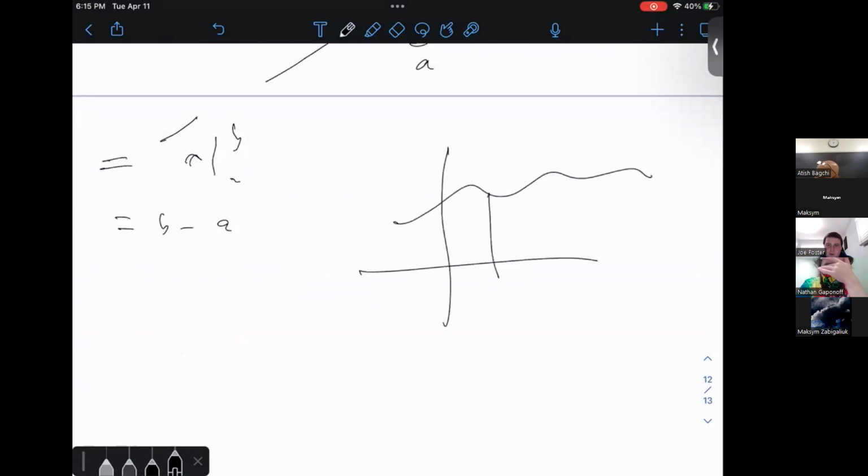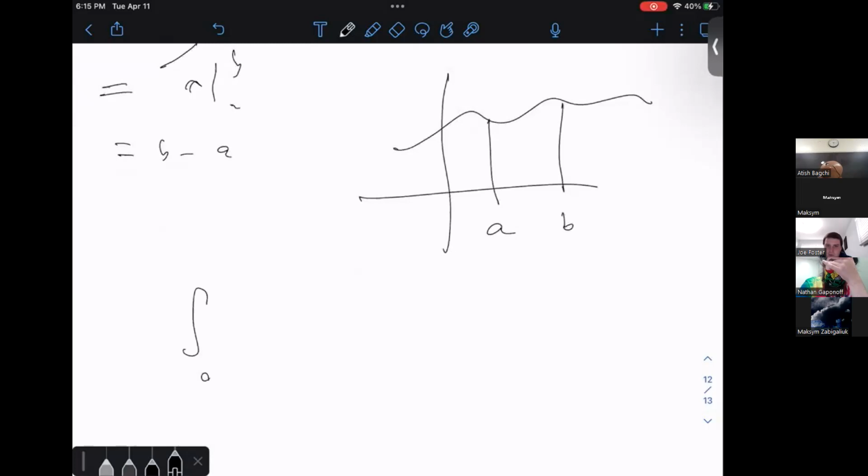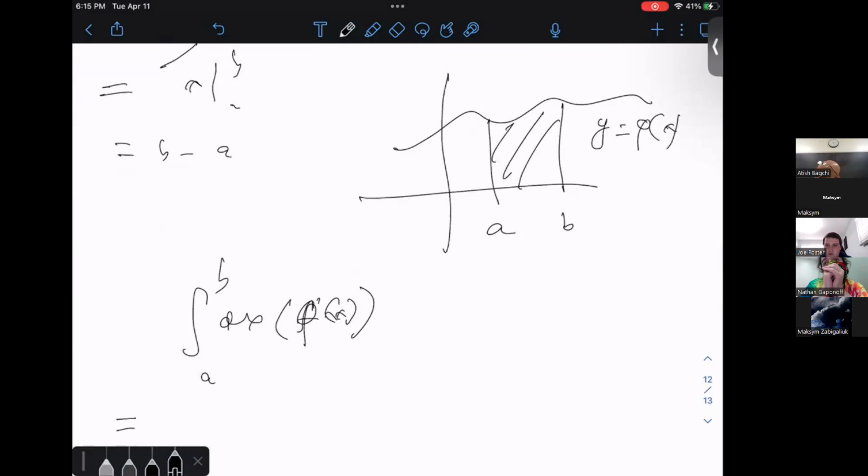Suppose this is y equals phi of x. The integral of phi of x dx from a to b gives you the area under this curve, right?